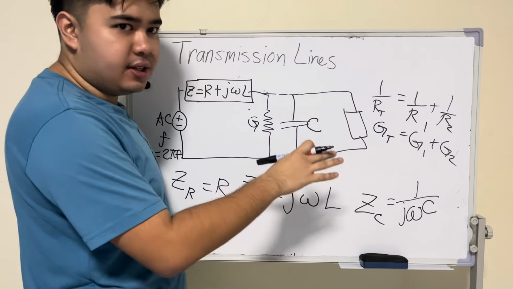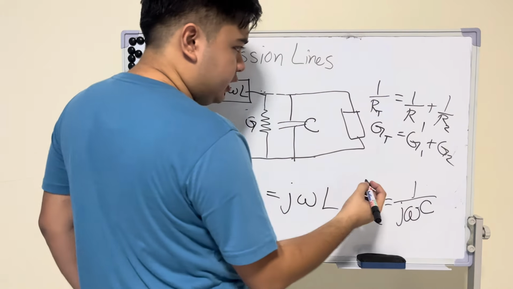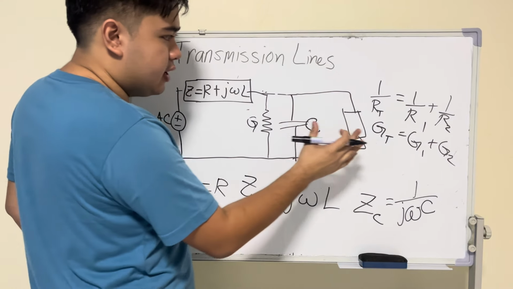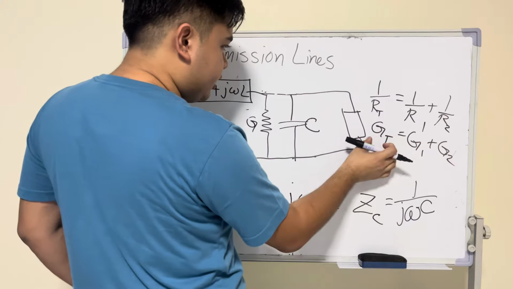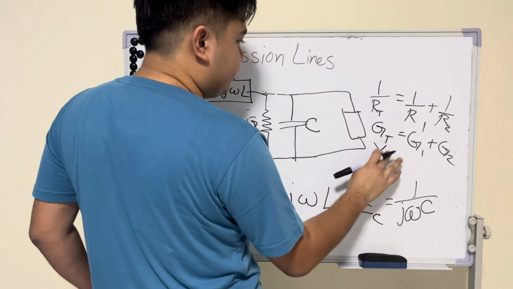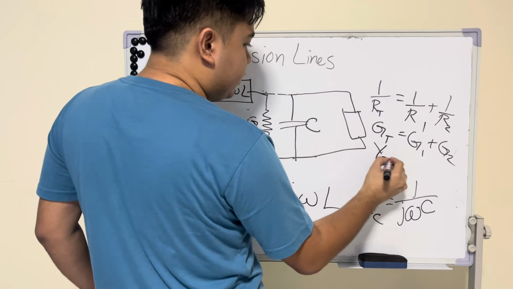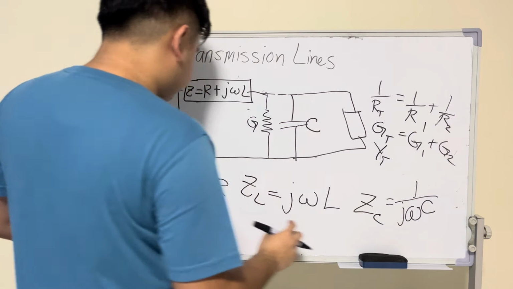And that is in DC. In AC, we need to take into account the capacitance and its equivalent in AC. The equivalent of G in AC is admittance, which is Y, and it has the same behavior as conductance.